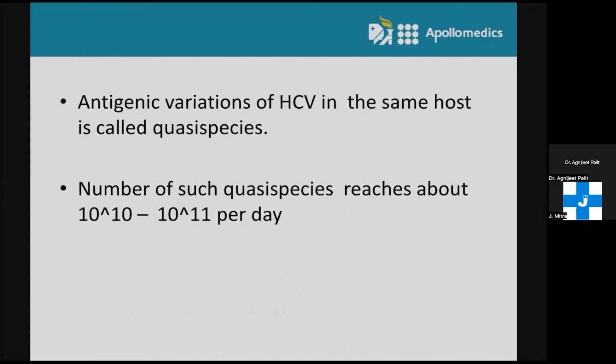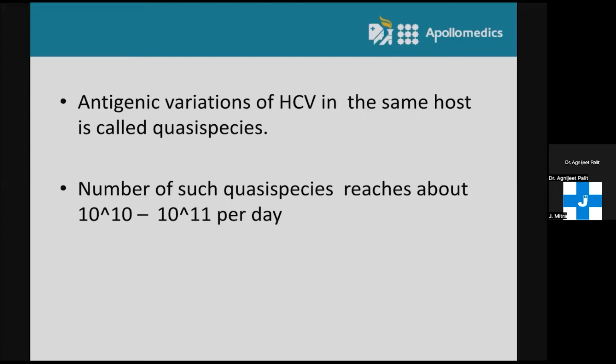per day. So if we see the timeline or the natural history of hepatitis C, in mostly 75% of cases the acute infection is asymptomatic, and of the remaining that are symptomatic, a major part is without jaundice and the other part is with jaundice.